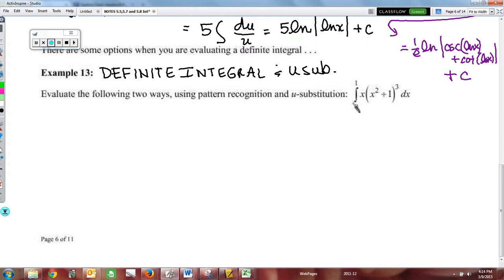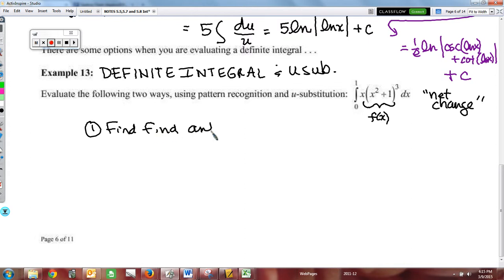That if I want to calculate a definite integral, remember that we are doing the net change. So we're using our fundamental theorem of calculus. I need to find an antiderivative. So I'm going to call this little f of x. That I am going to find, step 1, find an antiderivative of little f of x, which we call big F of x.